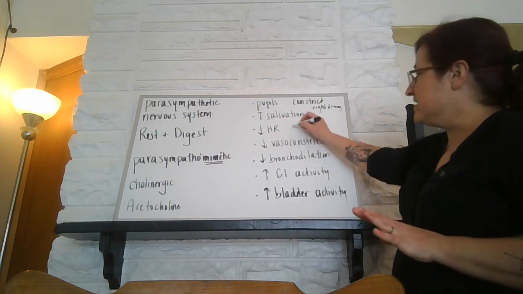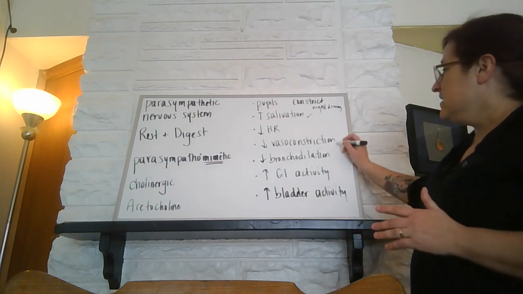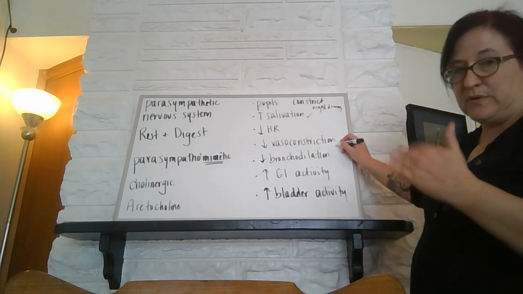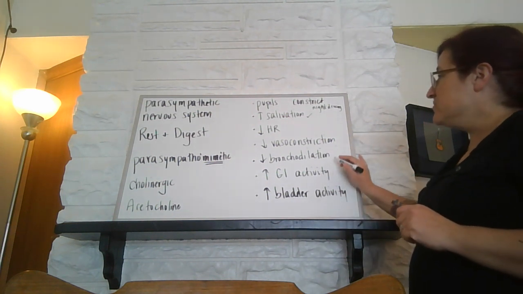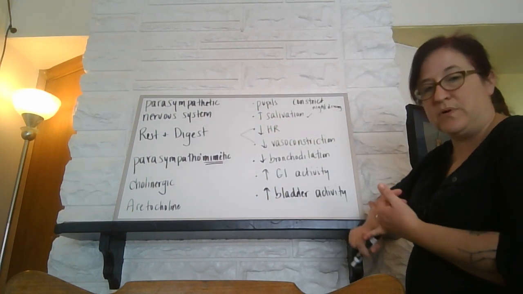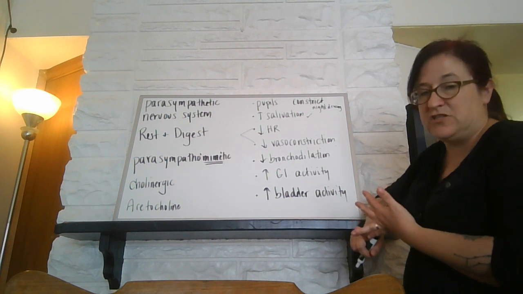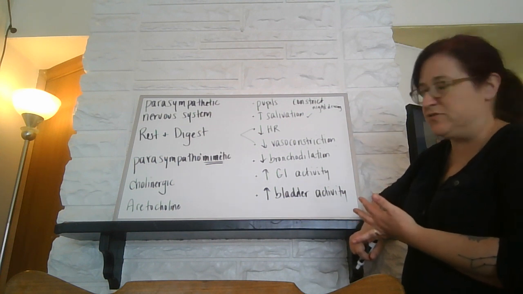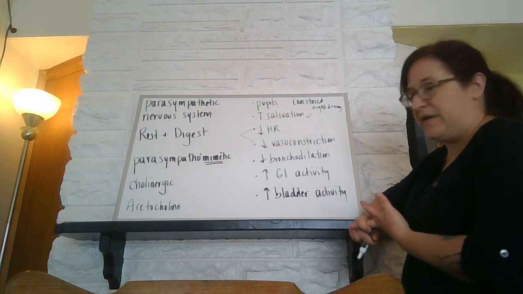Decreased heart rate, so that's bradycardia, so if you have bradydysrhythmias. Decreased vasoconstriction, so the blood pressure goes down. So for this system, if the blood pressure is down and the heart rate is down, that could change the patient's blood pressure, so it could favor orthostatic hypotension or be an issue that way.